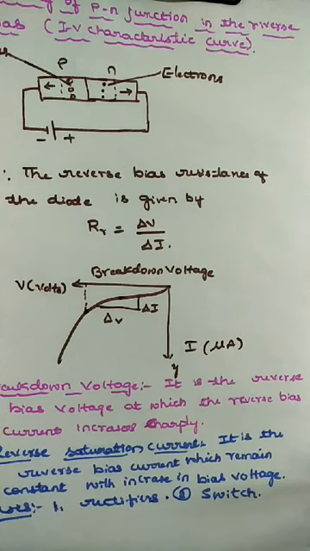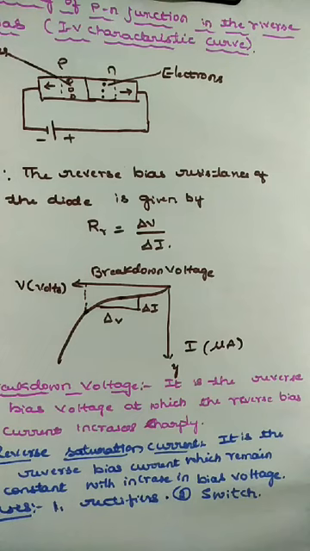Breakdown voltage means the reverse bias voltage at which the reverse bias current increases sharply. Whereas the reverse saturation current is the reverse bias current which remains constant with increase in bias voltage, in the order of 10 raised to minus 6 ampere.